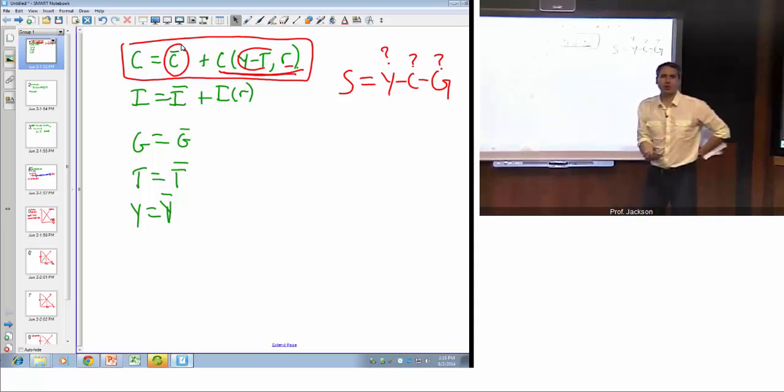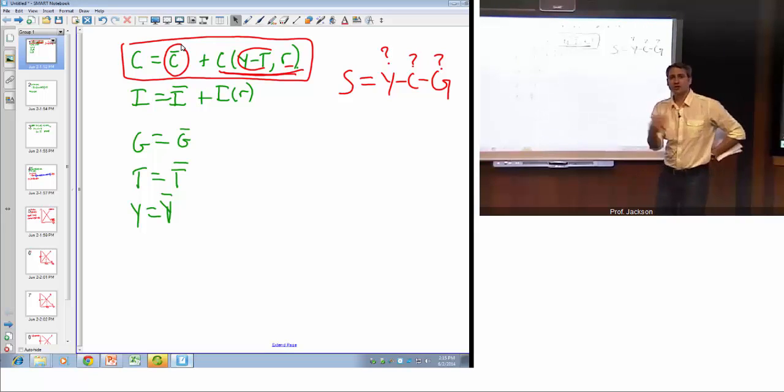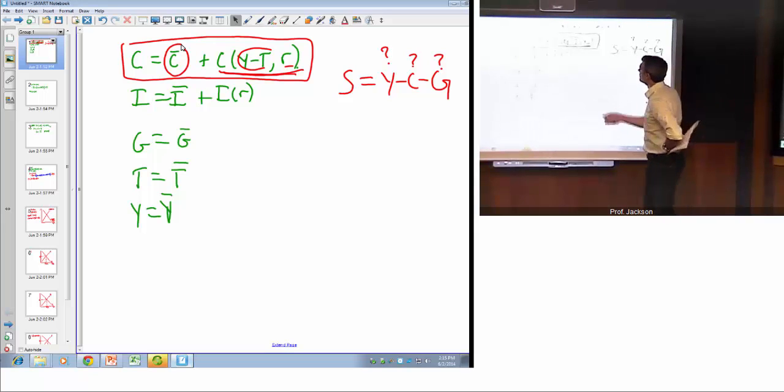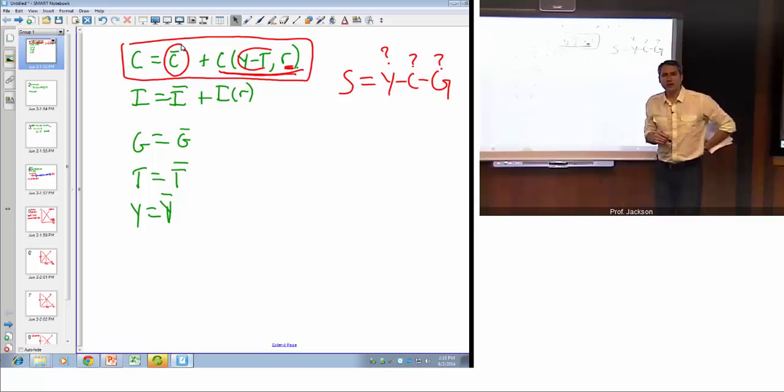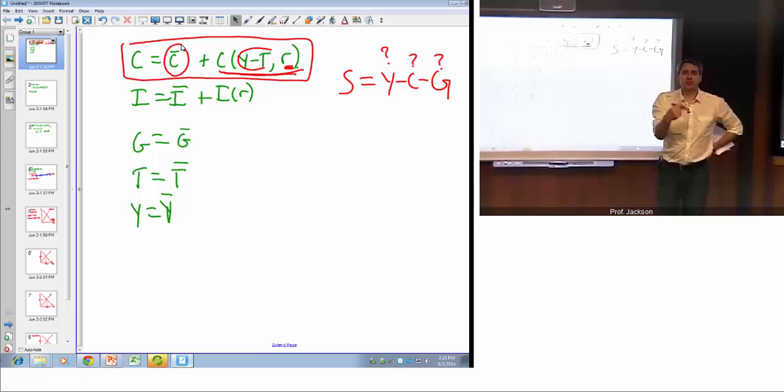Now, why is this important? The fundamental idea is that if disposable income goes up, people have more money in their pockets, they're going to buy more consumption goods. So you would expect a positive relationship between disposable income and consumption. However, the opportunity cost of consumption is the real interest rate. If real interest rates rise, the return on saving goes up, and that discourages consumption.